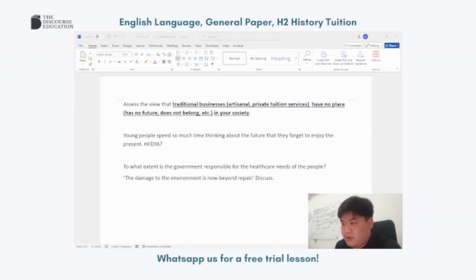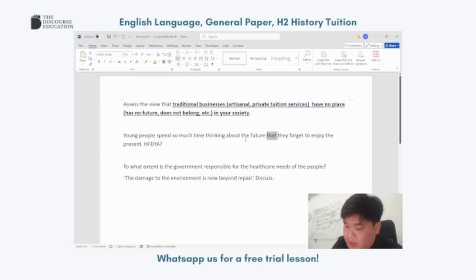So if we look at another example, a very simple one, this is an O-level standard question. Young people spend so much time thinking about the future that they forget to enjoy the present. Okay, so essentially what you're seeing on screen here will be the second question that we are looking at. Now, I was just going through this with one of my students earlier today, and I pointed this word out to him.